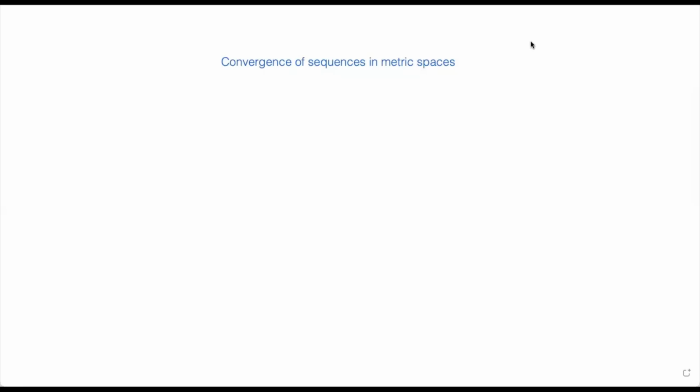In this lecture, we study convergence of sequences in metric spaces. We already know the notion of convergence of a sequence in the set of all reals, so let us recall.